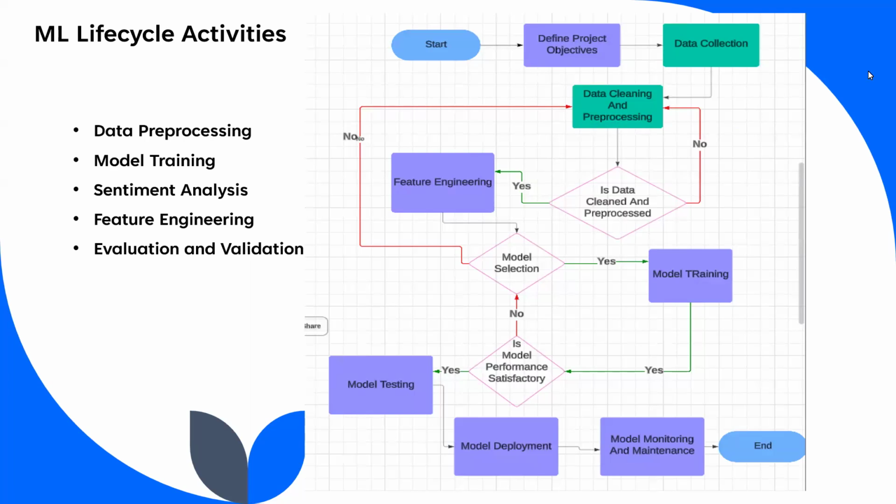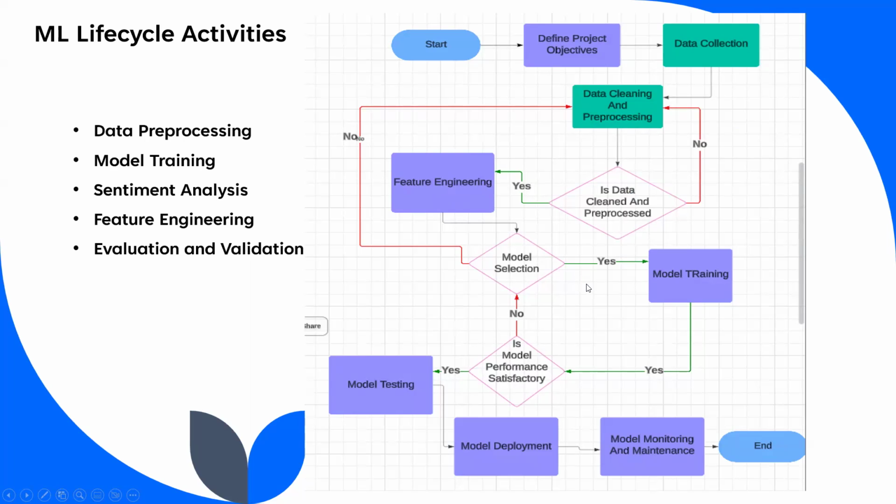And there are going to be Azure tools that have to be used for data cleaning and pre-processing. And this is an iterative process. So time and again we check if the data is cleaned and pre-processed to our satisfaction. And if it is, then we go ahead with the feature engineering step. If it is not, then we go back and we further apply our rules to do the cleaning and pre-processing.